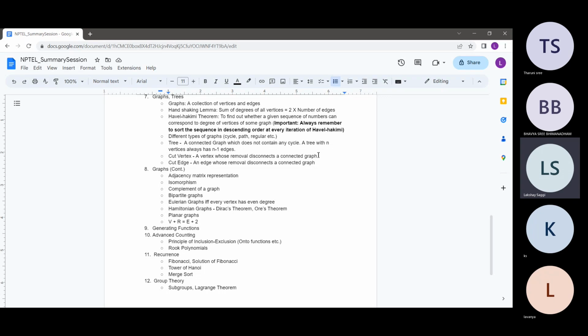While deleting a vertex, we also delete the outgoing edges of that vertex, whereas by deleting a cut edge, we delete just one edge. So there's a distinction between cut vertex and cut edge: here we completely remove the vertex fully, and here we only remove the edge.